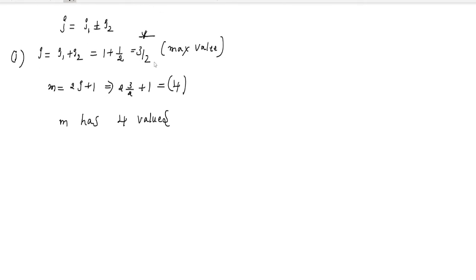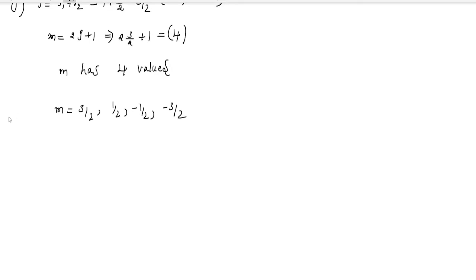So m has 4 values. M equal to 3 divided by 2 and minus 3 divided by 2. In between, 1 divided by 2 is there, and minus 1 divided by 2 is there. Okay, fine.